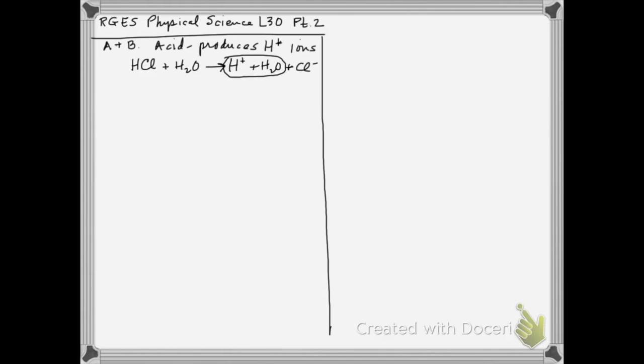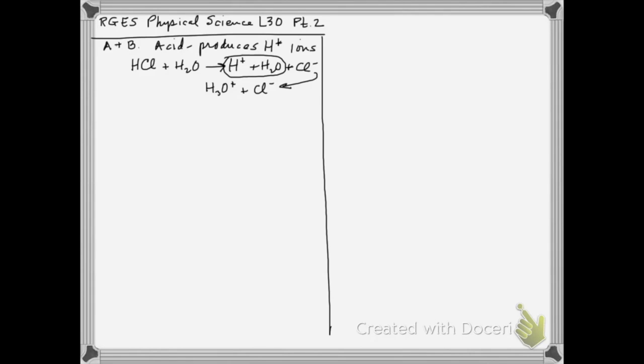It'll grab the water, and this then goes to step 2, and we have H3O. It has lost an electron, so it's a positive charge, plus we've got chloride floating in the water.